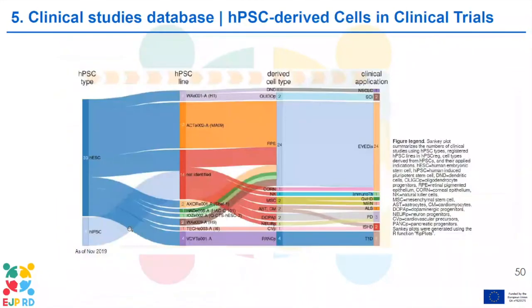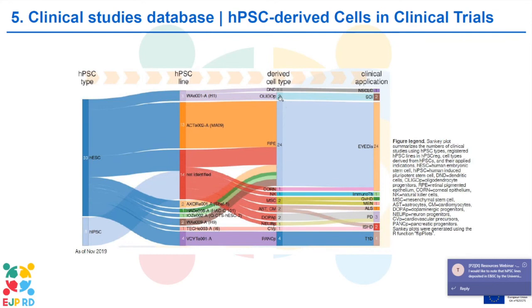So in the next slide, this is a little bit complicated, but this is a Sankey plot showing the starting cell line types, either embryonic stem cell type or the induced pluripotent stem cell types, and showing their usage towards a clinical application. So from this column, you can already see that the majority of clinical studies use embryonic stem cells.